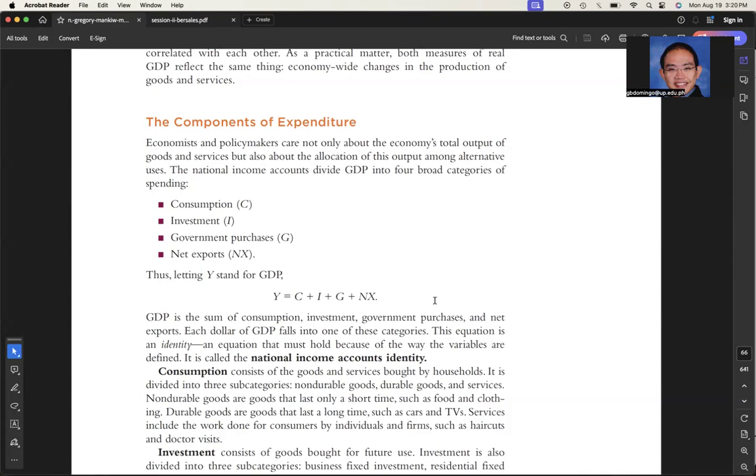So, all right, let's continue. The next part of this chapter is the components of expenditure. Recall that we started out with the definition of GDP: the market value of final goods and services produced within an economy in a given time period.